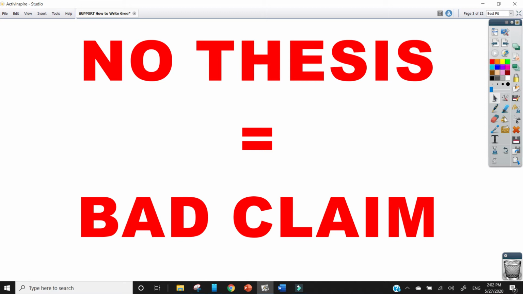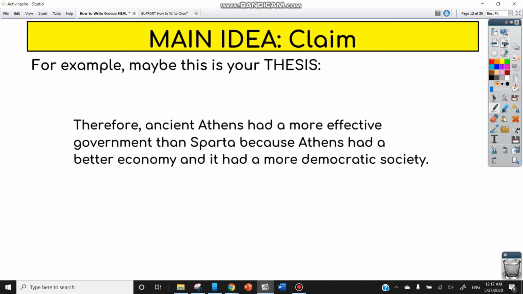So let's continue. Basically what I'm going to explain right here is how to transform your thesis from paragraph 2 into your claims for your meal paragraphs. So let's say, for example, that this is your thesis. Therefore, ancient Athens had a more effective government than Sparta because Athens had a better economy and they had a more democratic society.